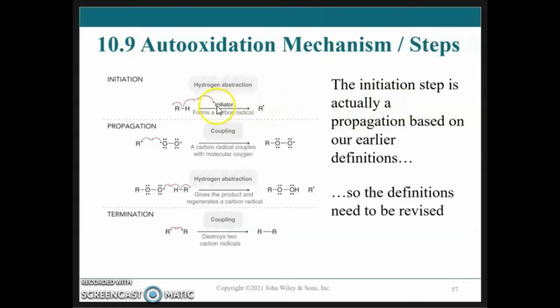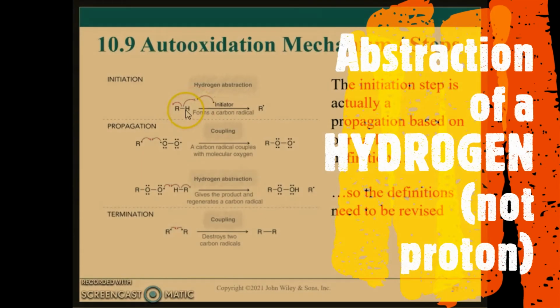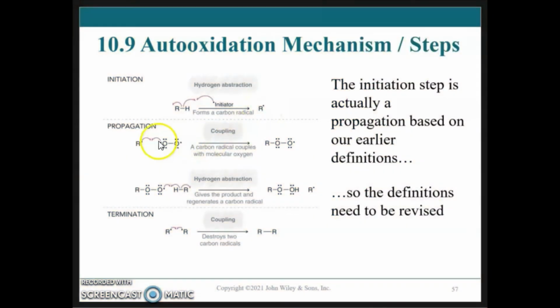So we have a free radical initiator leading to the abstraction of a proton and creating our alkyl radical. This can then react with oxygen, drawn as a resonance diradical structure, form through coupling, but maintain the radical. So this is not a termination step.